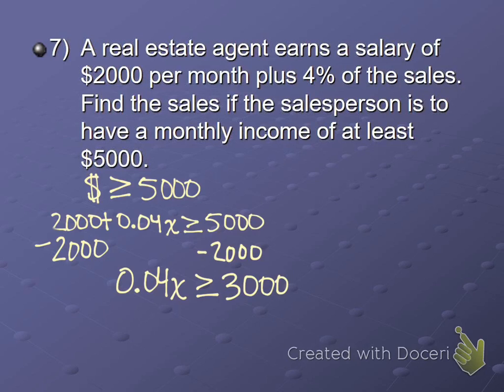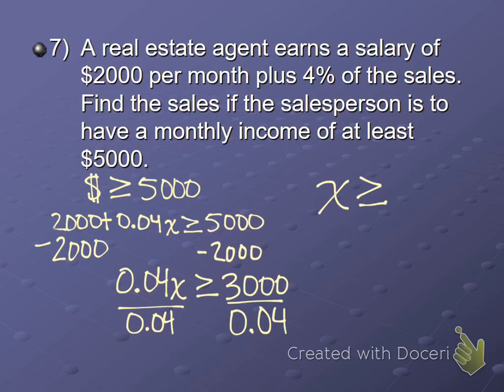And then I have to divide both sides by the 0.04. So I end up with x is greater than or equal to 75. Just 75? 75,000. 75,000. Okay, sorry. No, that sounds better.